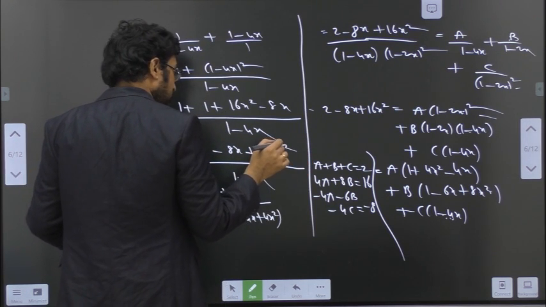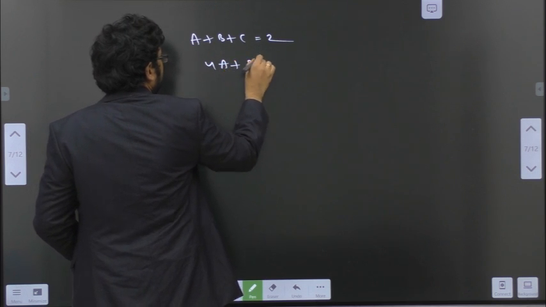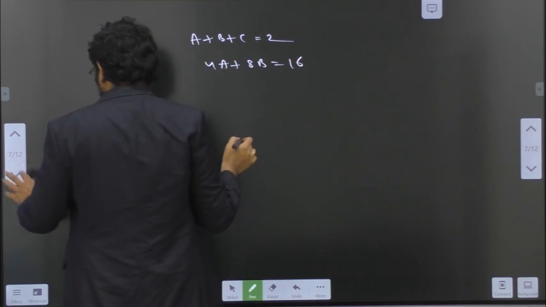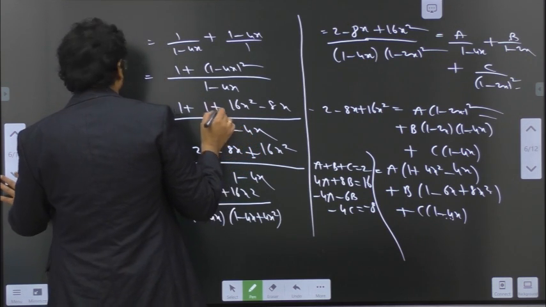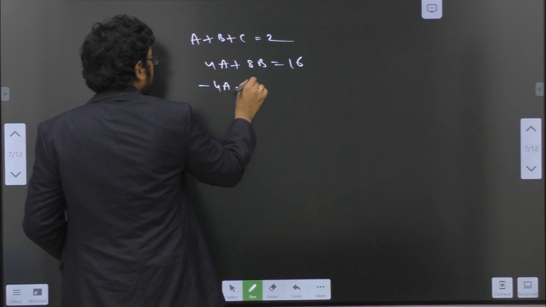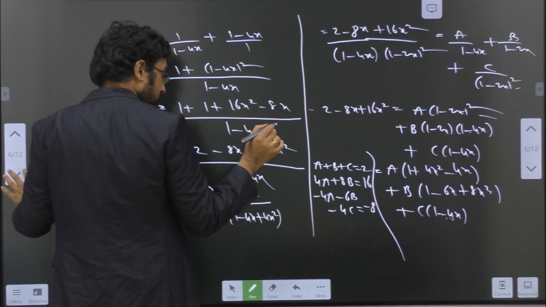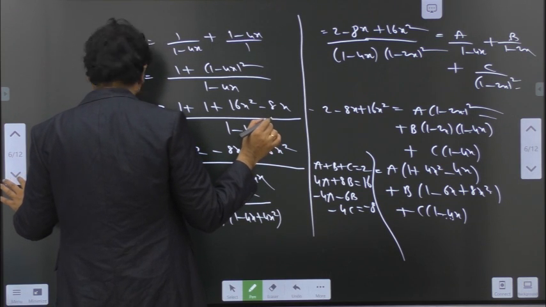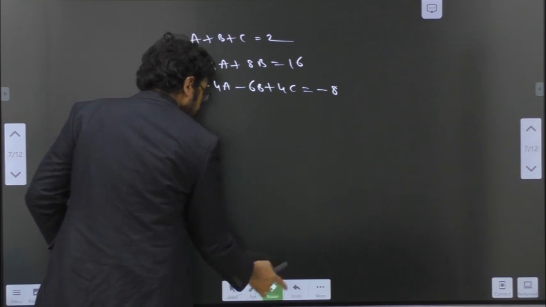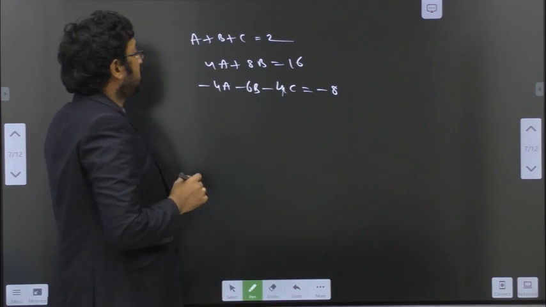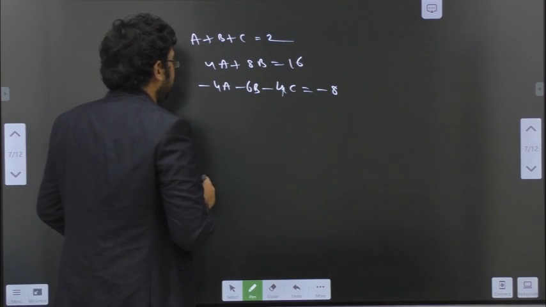The other equation is 4a plus 8b equal to 16. The third equation, minus 4a minus 6b minus 4c equal to minus 8. So these are the equations. On solving these, we have to find the values of a, b, c.